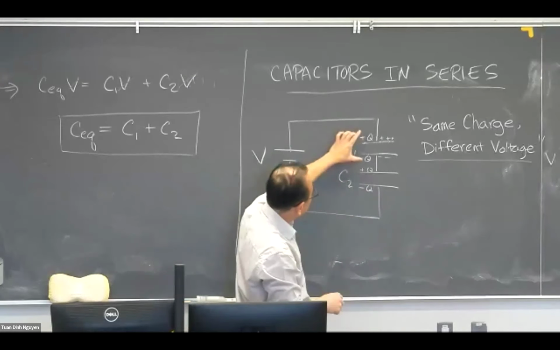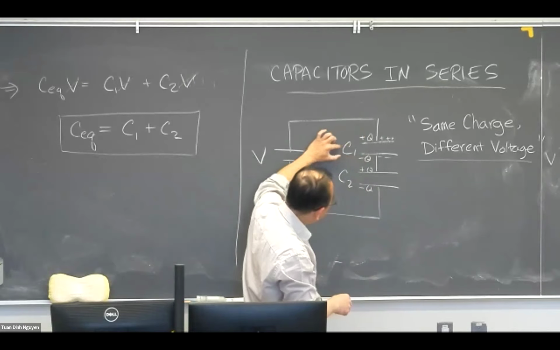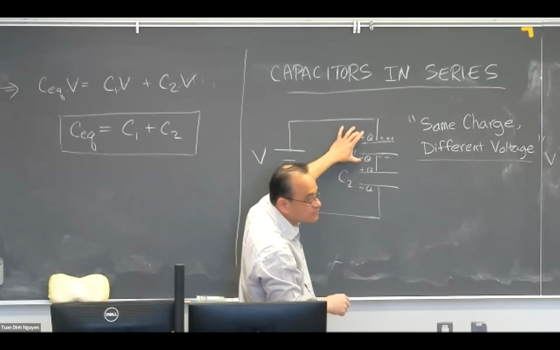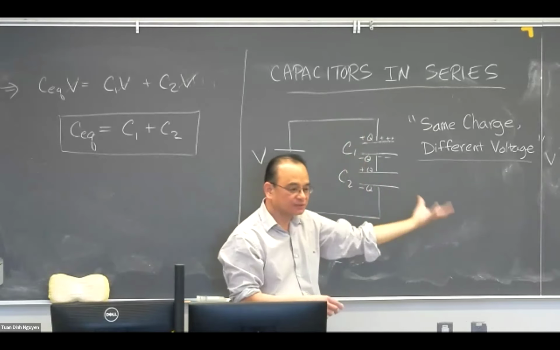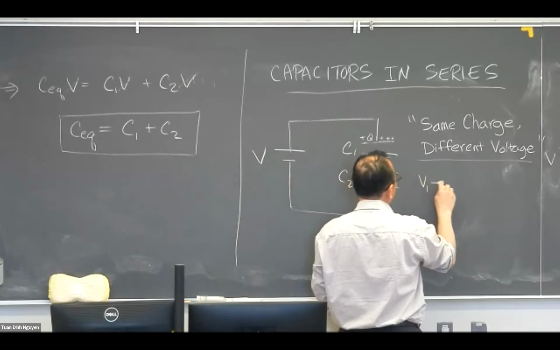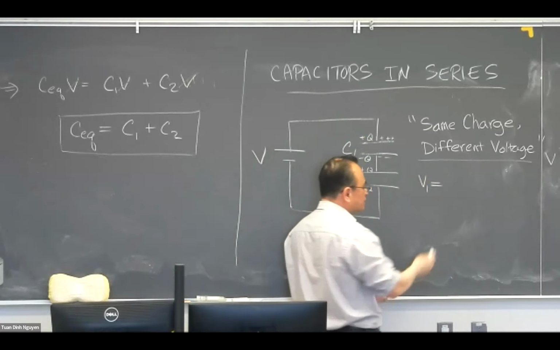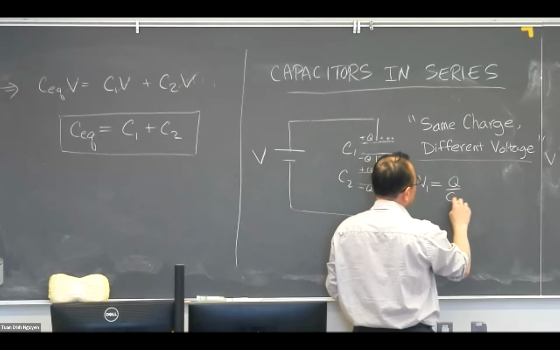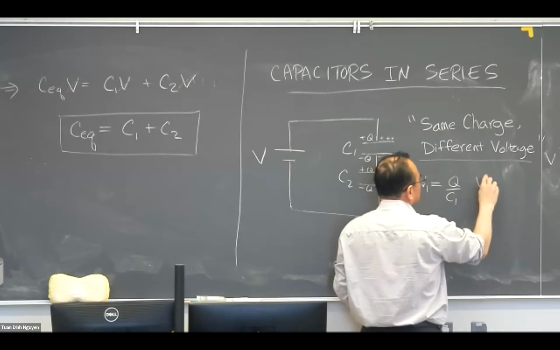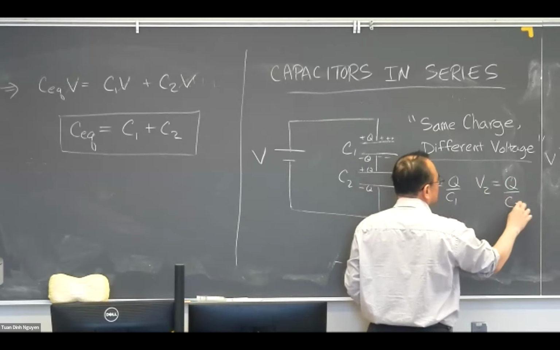Now, different voltage. Well, if they have different capacitances, C1 and C2, but the same charge, then they must have different voltages, right? So voltage one, you just rearrange that equation again. It's going to be Q over C1. And voltage two will be Q over C2.